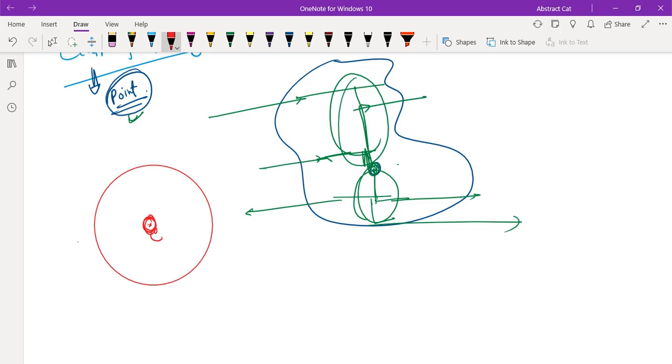At that point, the body will balance. Consider a wheel: if we balance the wheel at its center, it is balanced, with no wobbling to the right or left or up and down. That point is called the center of gravity.